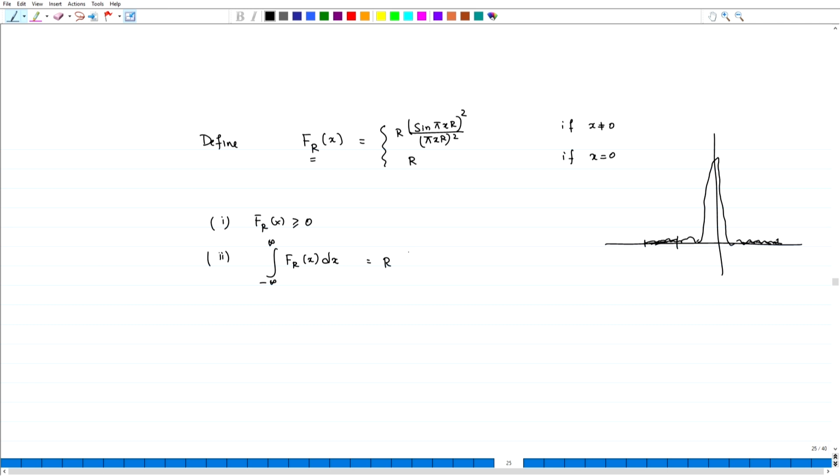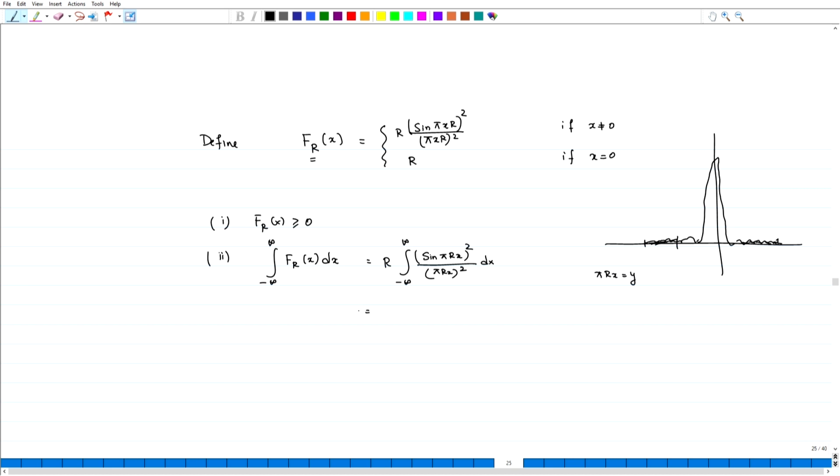This is equal to r times the integral from minus infinity to infinity of (sin(pi r x) divided by pi r x) squared dx. Now, make a change of variable. Take pi r x to be y.